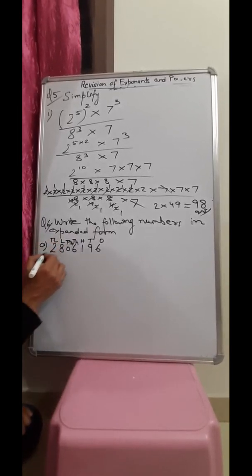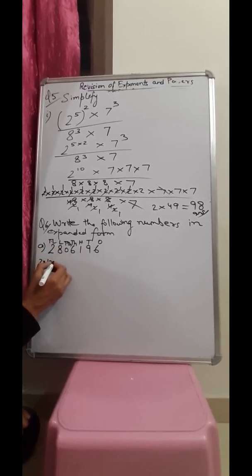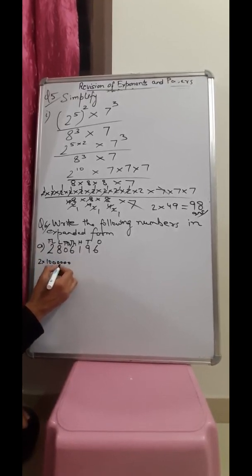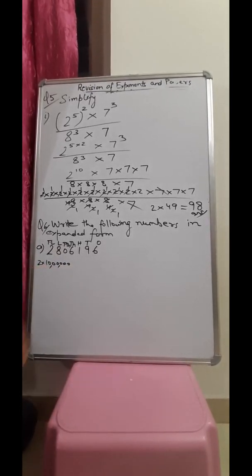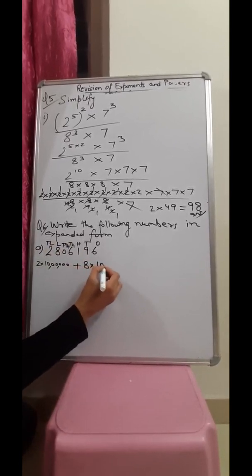Now here 2 means 2 ten lakh, so 2 multiplied by 10 lakh, and in 10 lakh how many zeros will come? 6 zeros. So 2 multiplied by 10 lakh plus 8 lakh means 8 multiplied by 1 lakh.